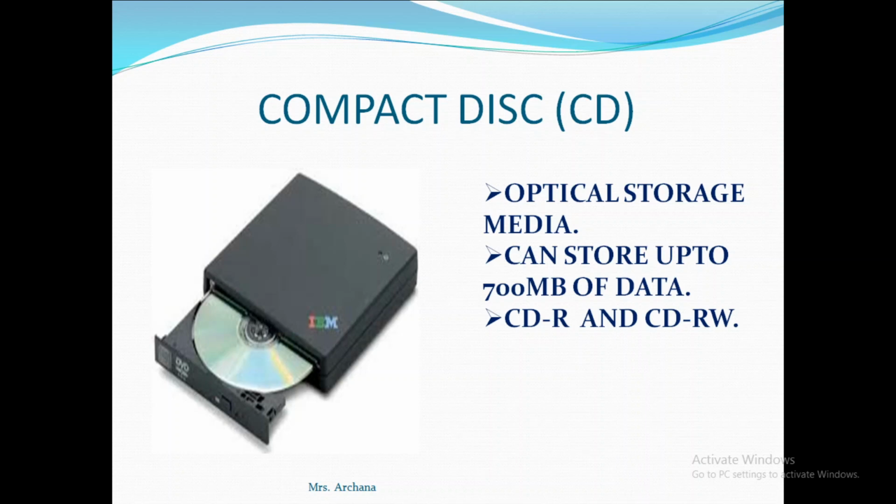It is also of two types, that is CD-R and CD-RW. CD-R is a write once format. That means data written onto this cannot be erased. CD-RW is a rewritable one. That means data present in the CD can be erased and new data can be recorded.